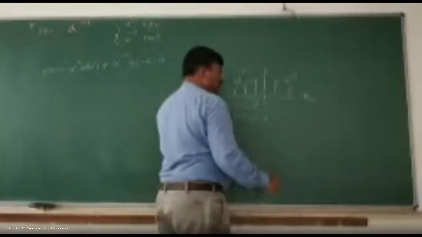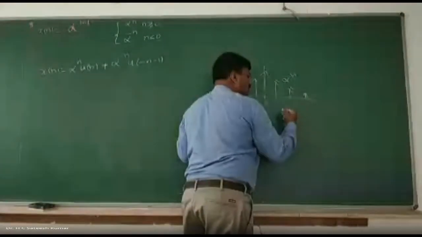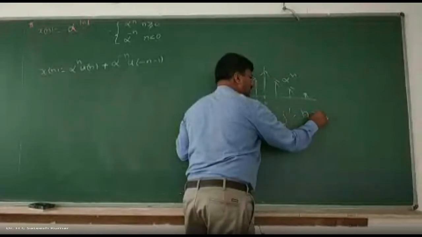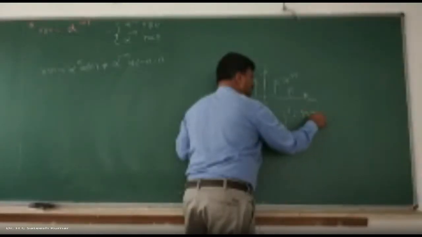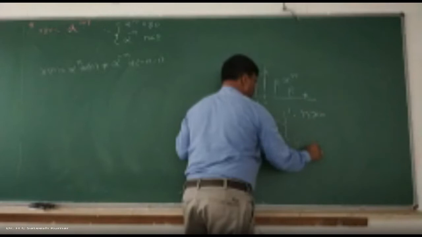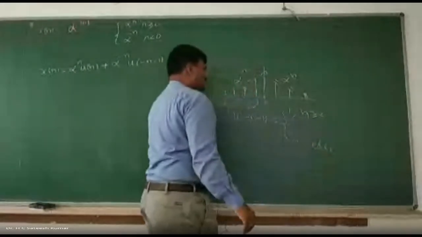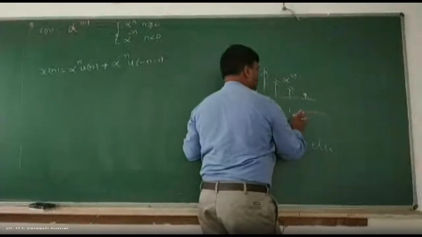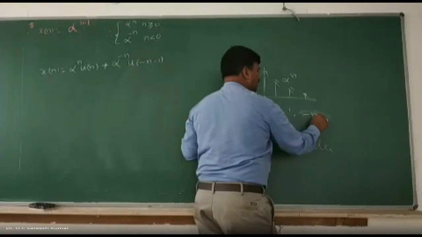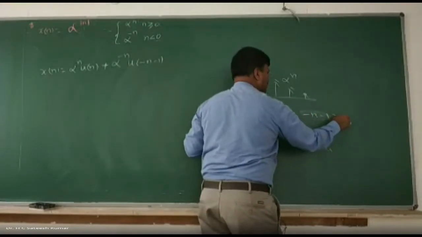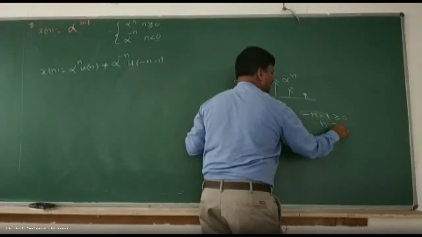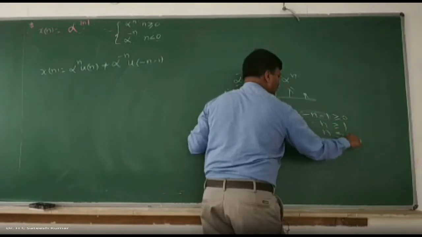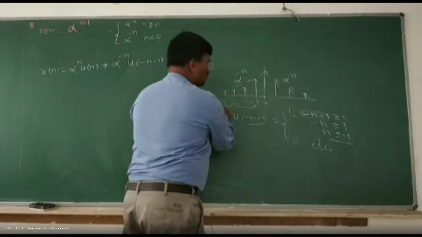How do you say that? It is equal to 1 for n greater than or equal to 0 and is equal to 0 elsewhere. Sorry, what do we have? u of minus n minus 1 greater than or equal to 0, or minus n greater than or equal to 1, or n less than or equal to minus 1. I want n less than or equal to minus 1 only, no?